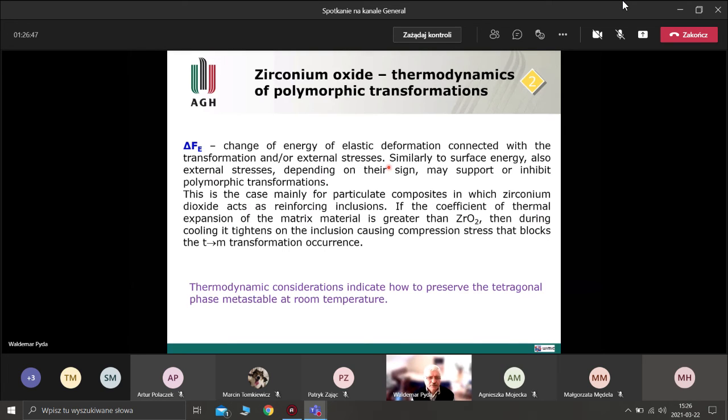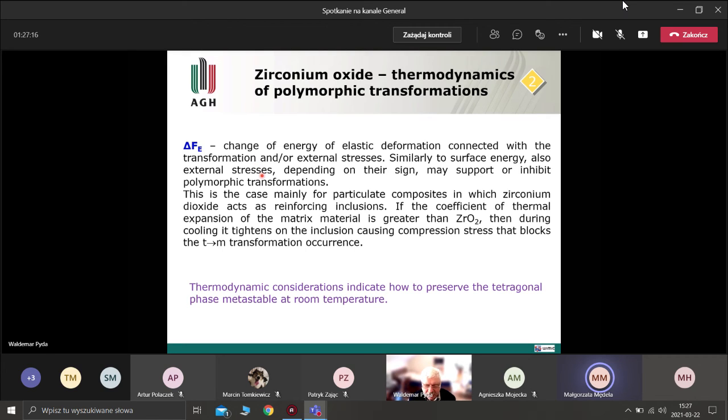Yes, and do you remember what is the value of this volume increase which accompanies the transformation? Sorry? Unfortunately, I don't remember. I think you mean the structure changes, yeah?